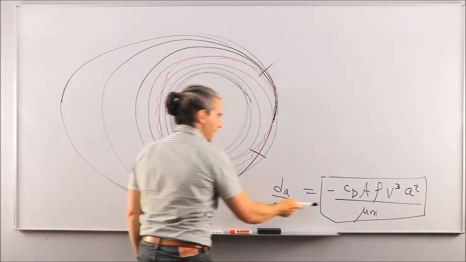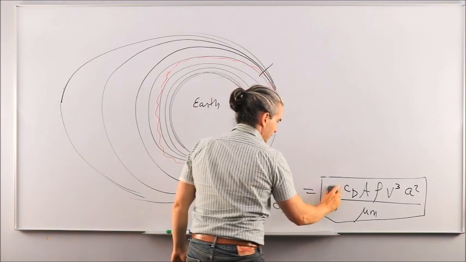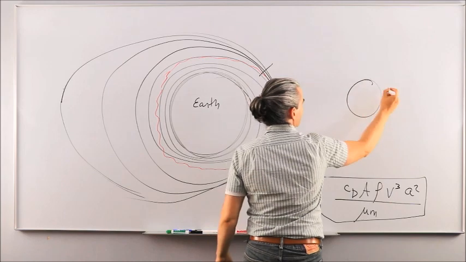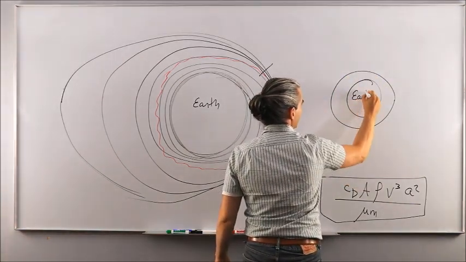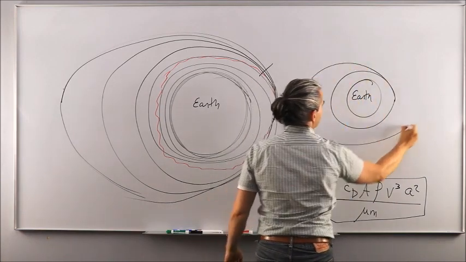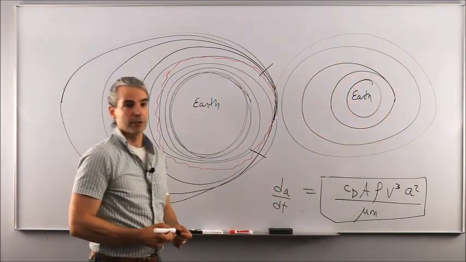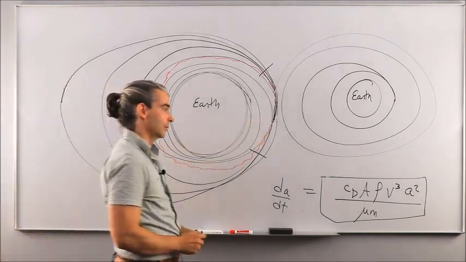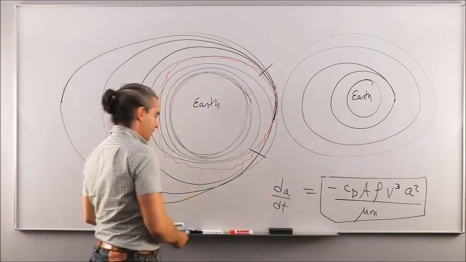And all this because we have the minus sign here. Otherwise, that would have been positive. We could have started with a circular orbit, and then instead of spiraling down through the Earth's atmosphere, we would just increase our altitude like that without firing any thrusters and eventually escape the gravitational field of the Earth. Wow, that'd be cool. But just because of this little minus sign, this is not how it works.